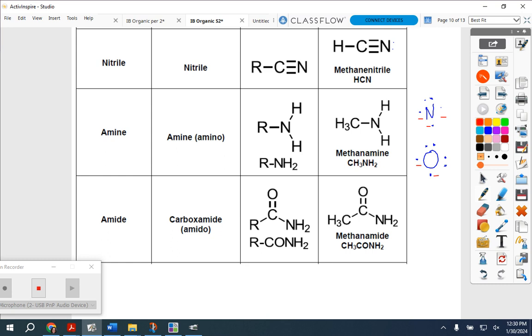So the other two outside of the nitrile are the amines and the amides. The amide is kind of like an ester in that you have the carbonyl group plus an amine group, basically.